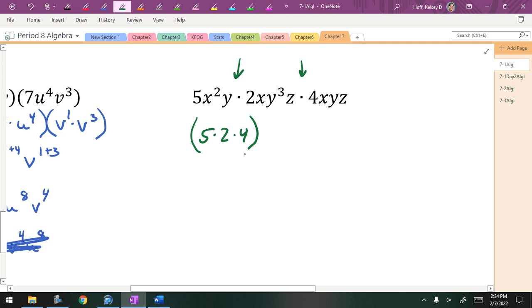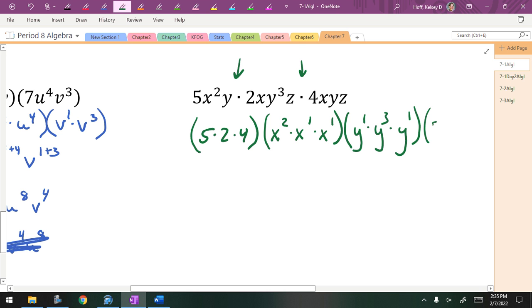What's your first base you should deal with? x. What's my next base? y, and my last base, z.